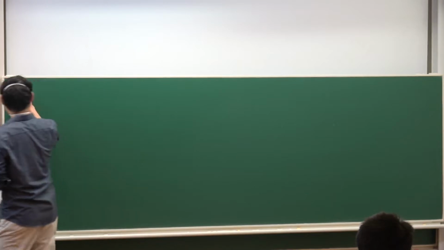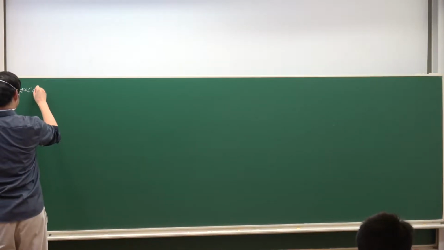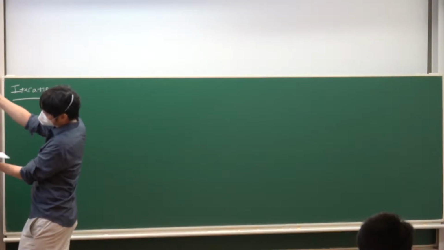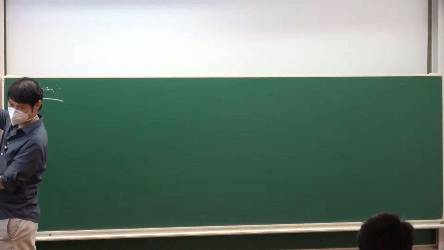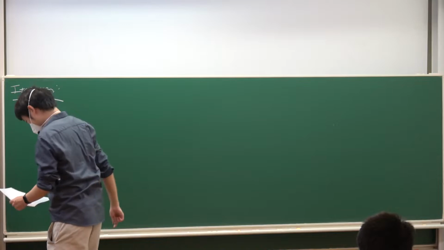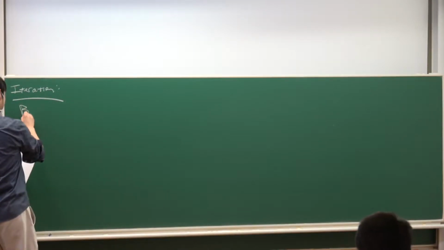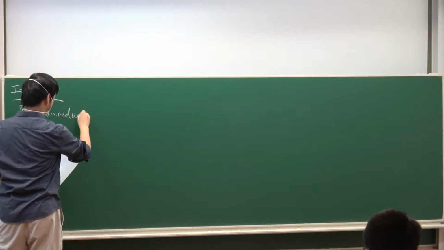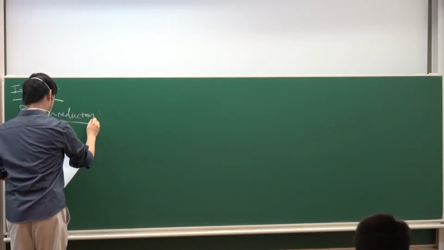Okay, so iteration. This is what we talked about last time, and last time we talked about all the various properties linking MAB and D6. So first of all, we have bilinear reduction. What did it say?